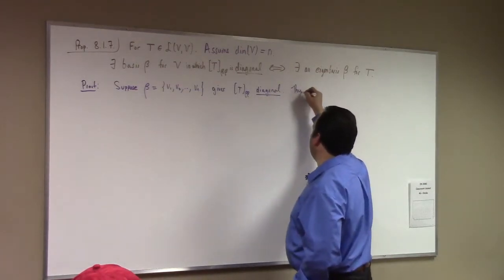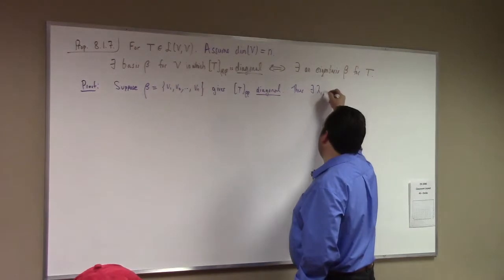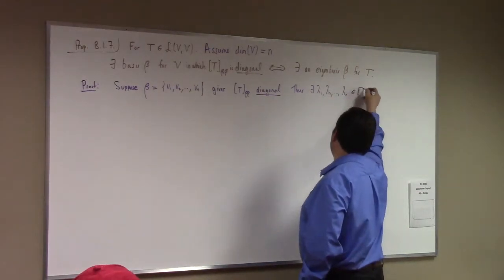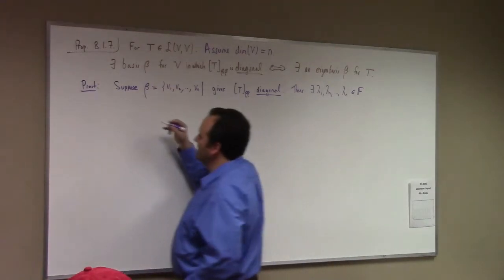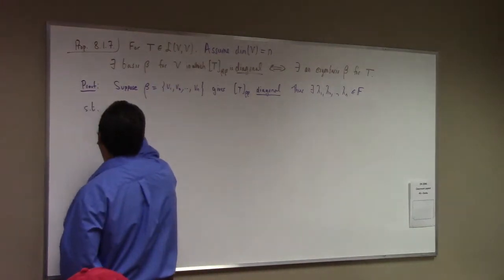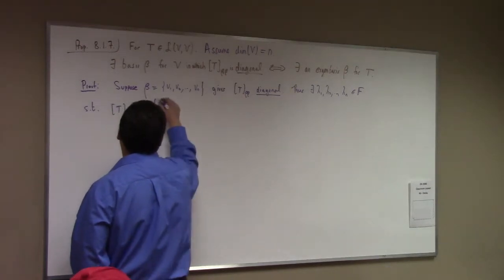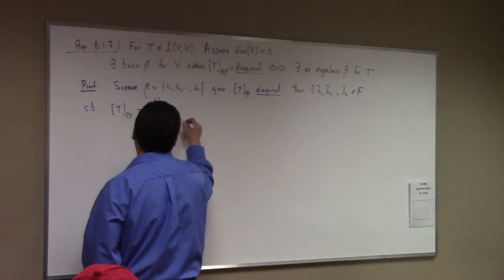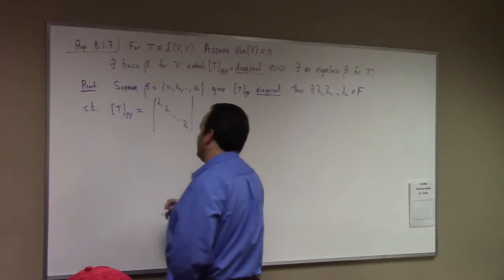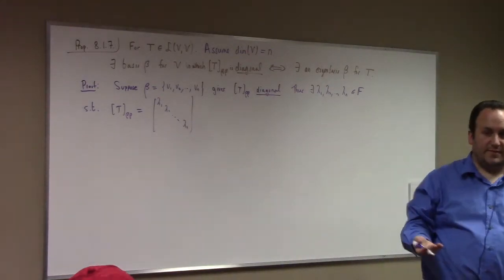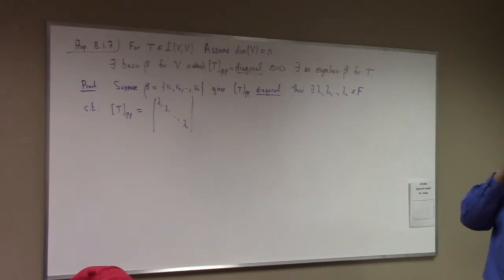Thus, there exist lambda 1, lambda 2, through lambda n in F, such that T beta beta is the diagonal matrix with entries lambda 1, lambda 2, through lambda n. That's what it means for it to be diagonal, right? They could be repeated, but they have to be in the field.